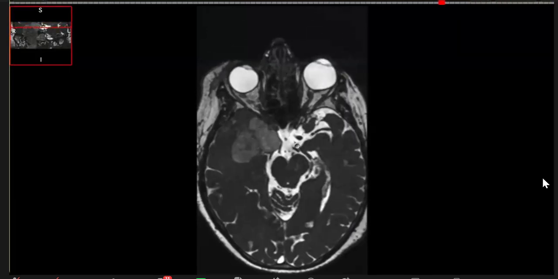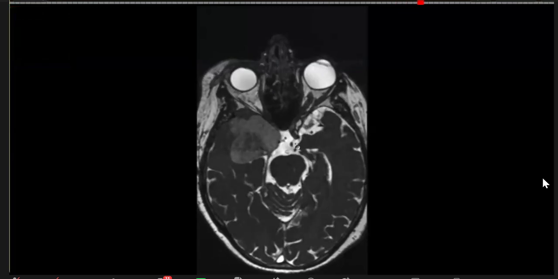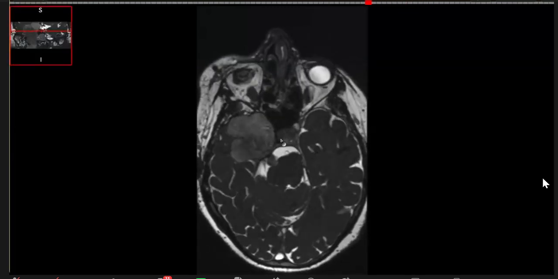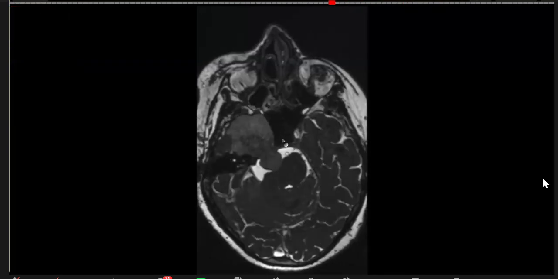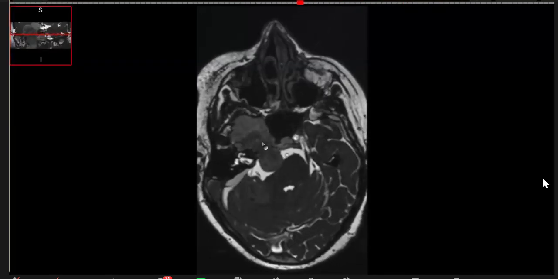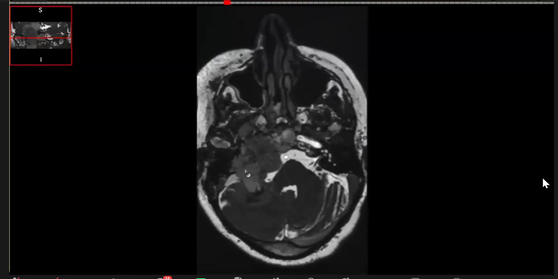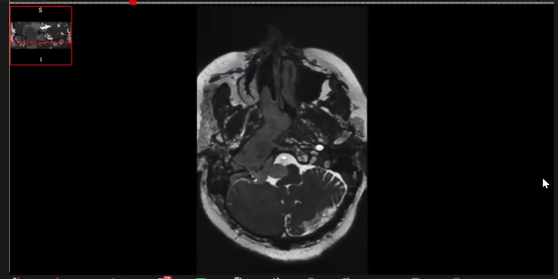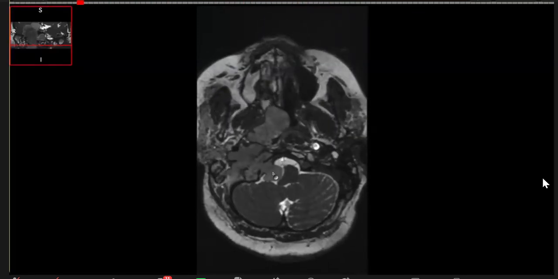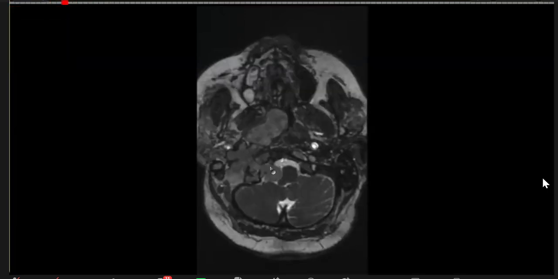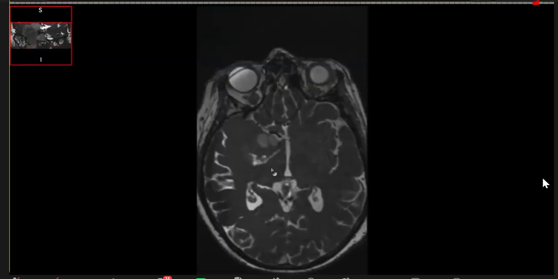As we come down, the carotid artery, this is the normal side, and how it is going into the cavernous sinus, and it is destroying the petrous apex, tongue going posteriorly, tongue going into the jugular foramen, and tongue going here inferiorly. And this is the hypoglossal foramen, where it is completely destroying.